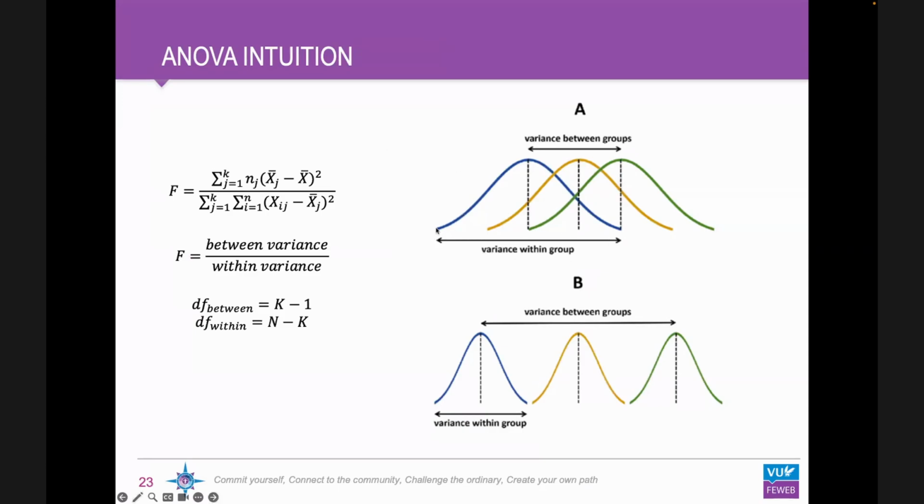The variance within group is within one sample, meaning how variable the observations are within one group. If you compare A and B, you see that the variance between groups is actually smaller than the variance within group.